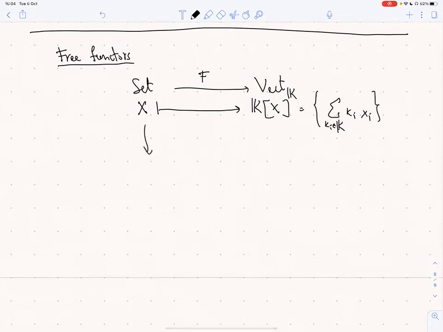And then I send a function f to the function, let me call it F of f, which goes from this to this. And it sends this word to sum k_i f(x_i).